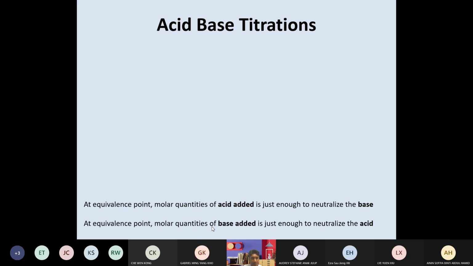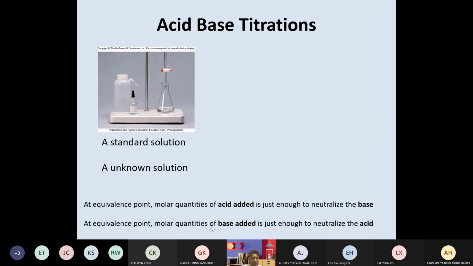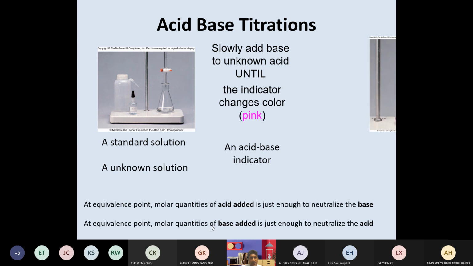Acid base titration. This is the thing that we are going to do next week in lab, acid base titration using a pH meter. This is the thing that we have already done, right? We slowly added acid and base through this burette to the conical flask, and we saw that the color changed, right?